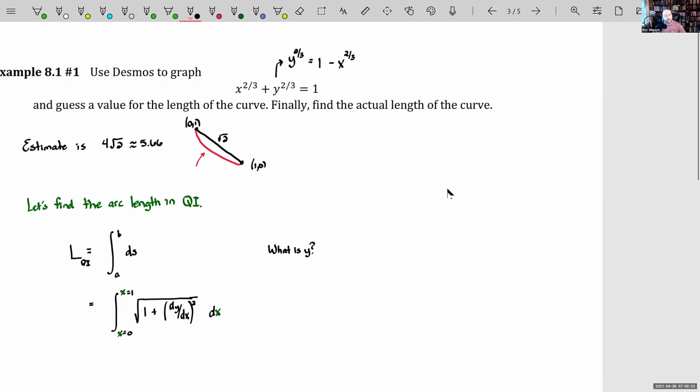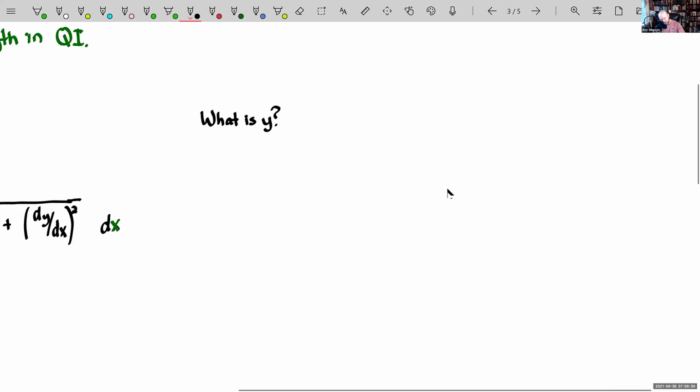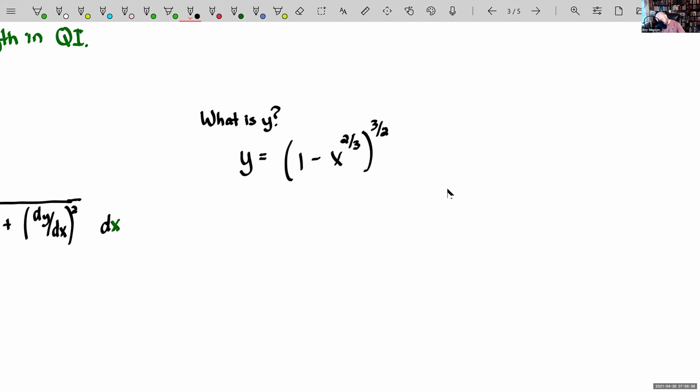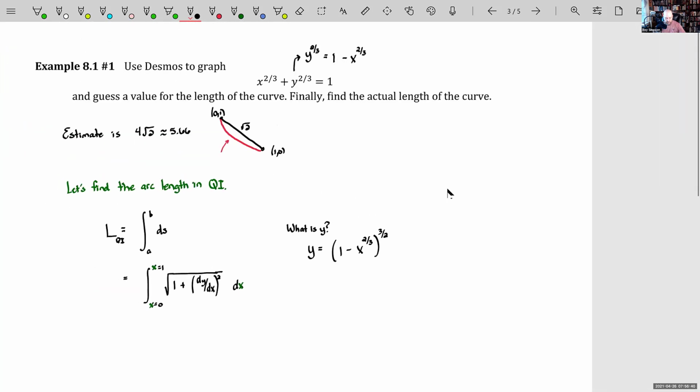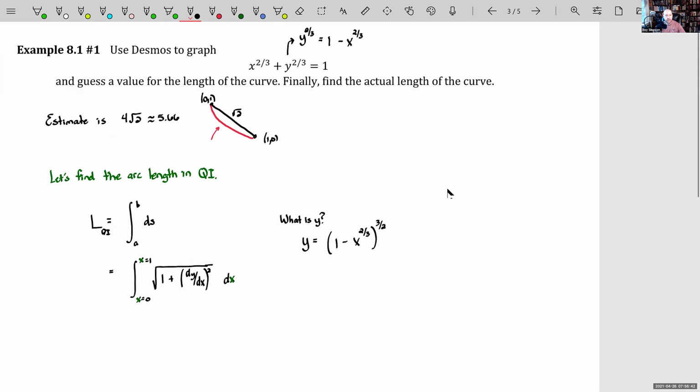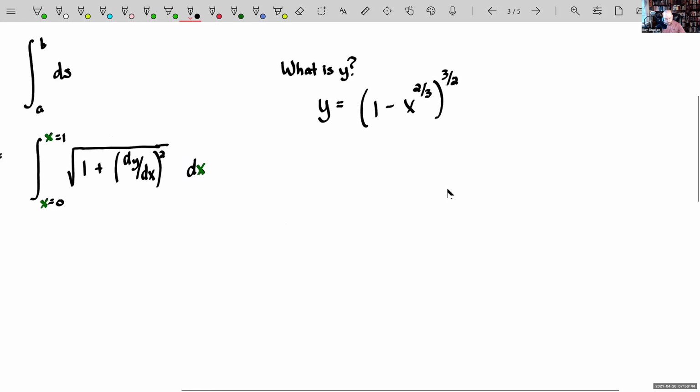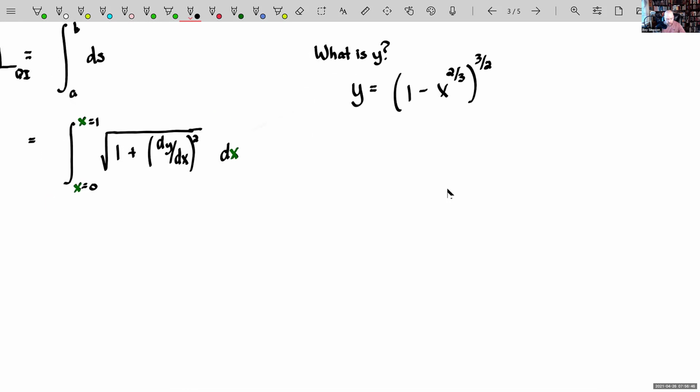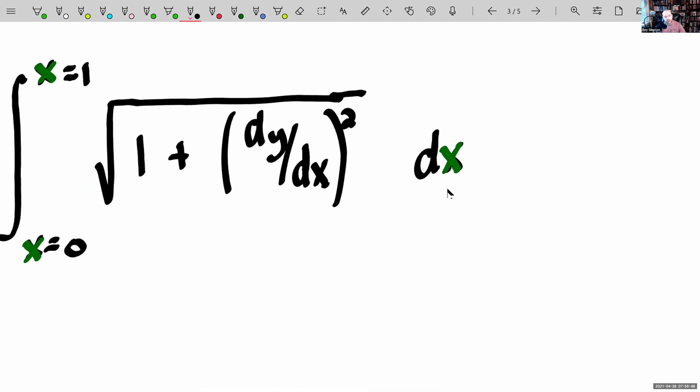Solving that formula for y, I get y is equal to the quantity 1 minus x to the 2/3 raised to the 3/2 power. I'll write that down. Y is equal to the quantity 1 minus x to the 2/3 raised to the 3/2 power. Double check my math there. Yeah. Okay, great. But I'm not integrating y, I'm integrating the derivative of y.